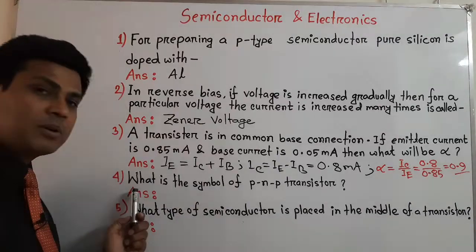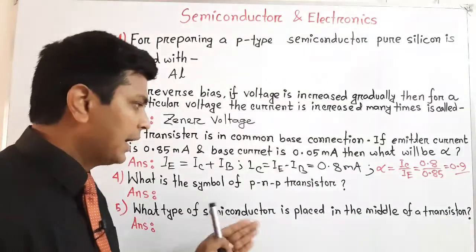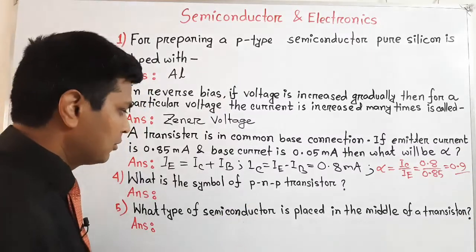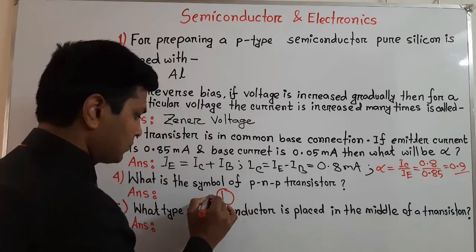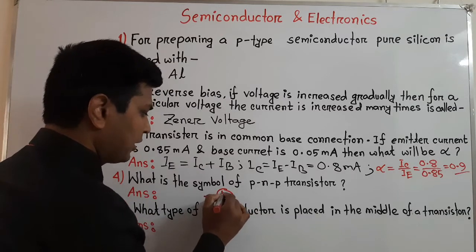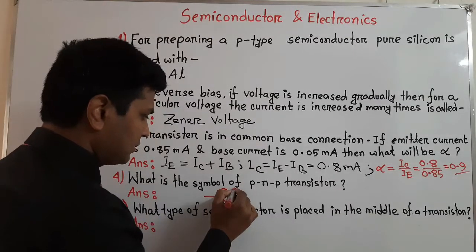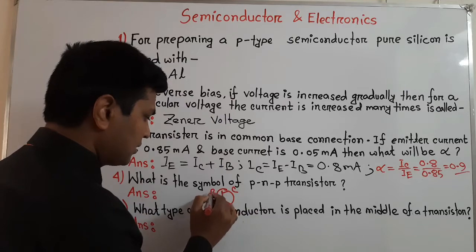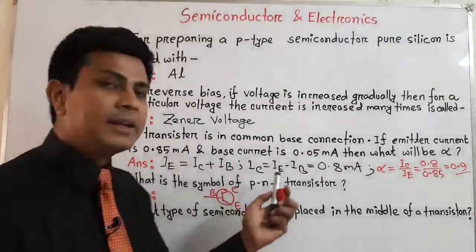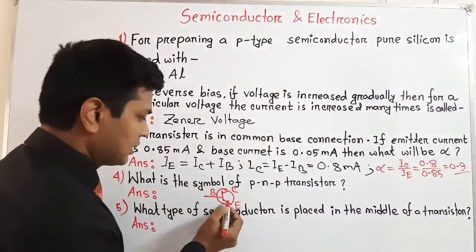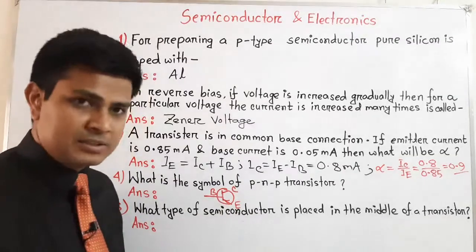Now let's see question number 4. The question is, what is the symbol of a PNP transistor? This is the base, this is the collector, and this one is the emitter. In the case of a PNP transistor, the direction of the current will be inward, that means into the transistor.